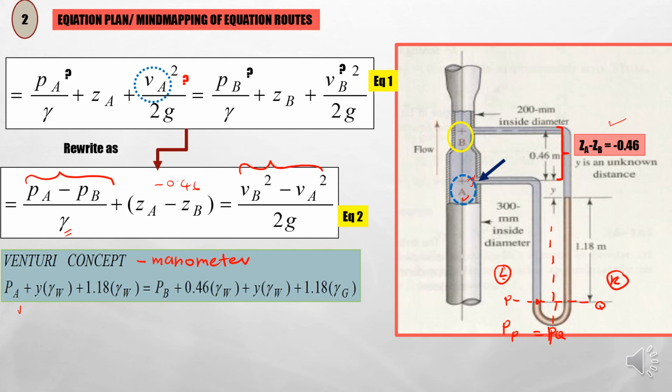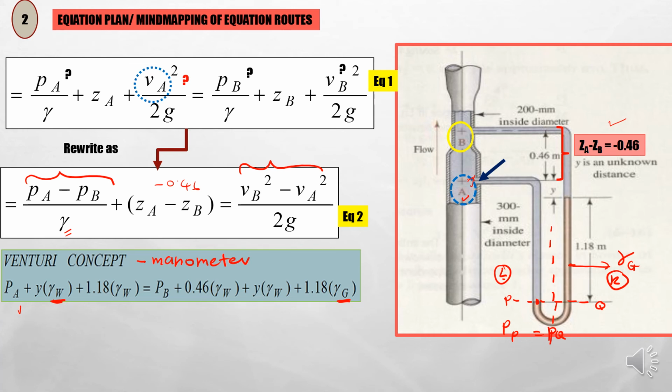First is γW, which refers to the specific weight of the water. The second one is γG, the specific weight of the liquid used inside the manometer, where G means gauge. And γ water here, because there's water inside this region.